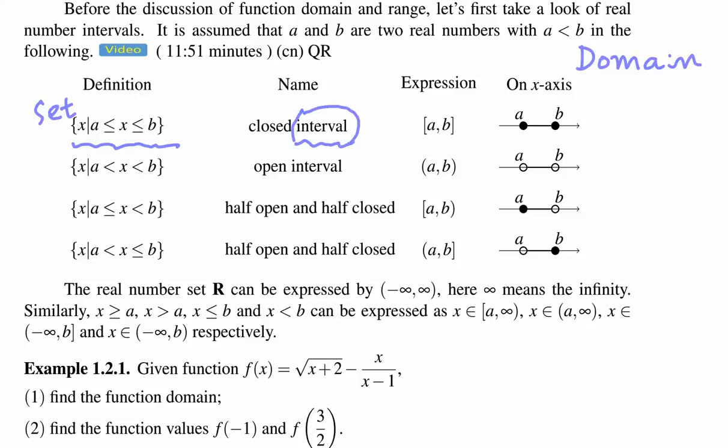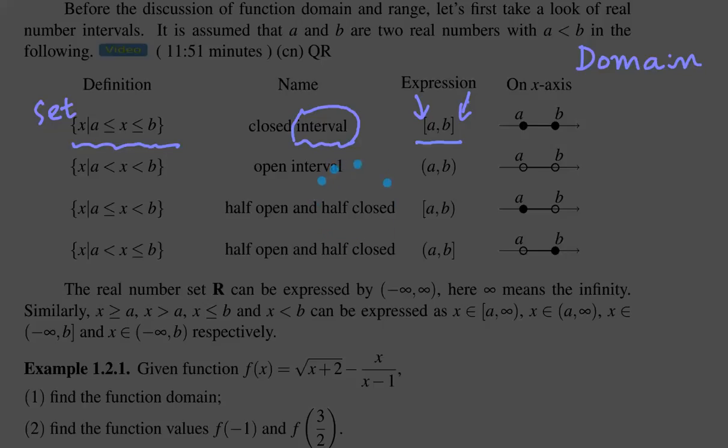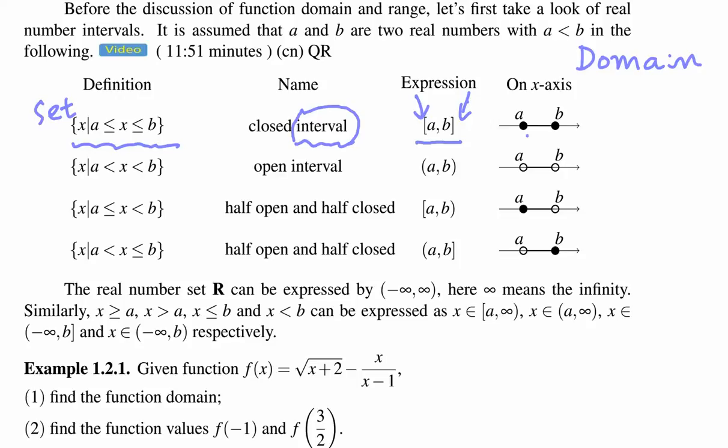And then here you can see for the interval notation, we have two square brackets, which shows two boundary points are included. And then on the x-axis, we have solid points for A and B. It then tells us that boundary points are included.